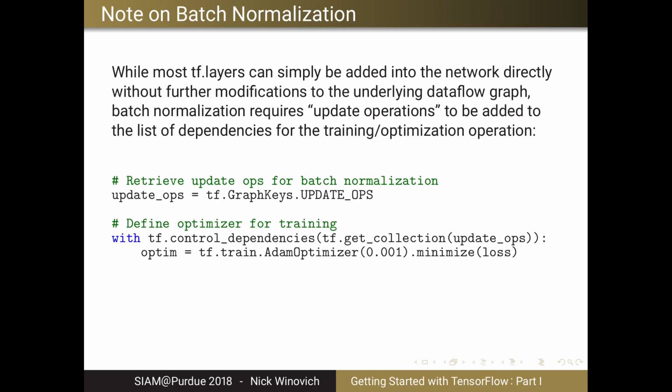So the update ops will basically store and control the batch normalization during training. And it's also important that it knows when it's training and when it's not, so that it acts appropriately as defined in the original paper. So this is just another key. If you just put tf.layers.batch_normalization into the graph, it will not apply batch normalization, or will not do it correctly.